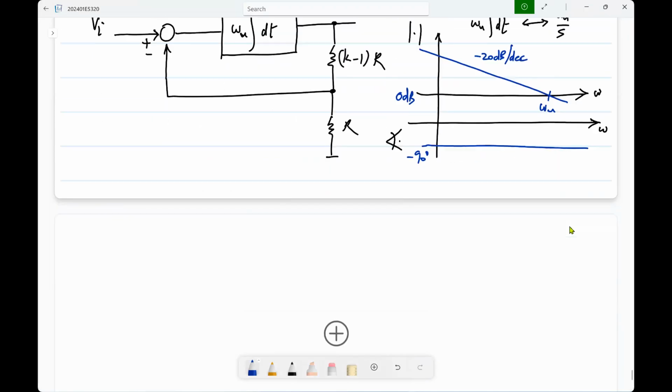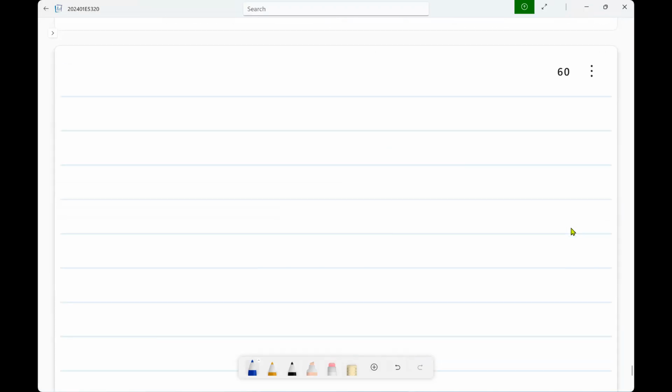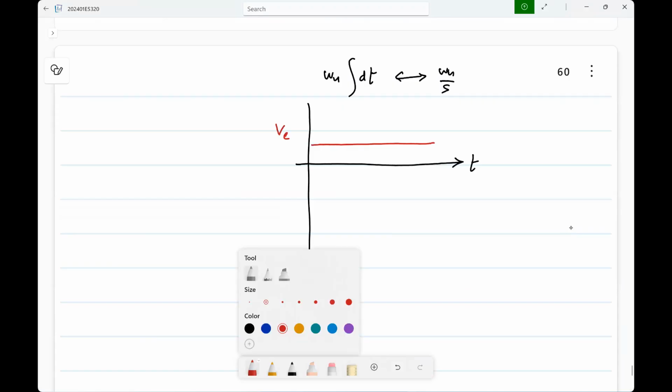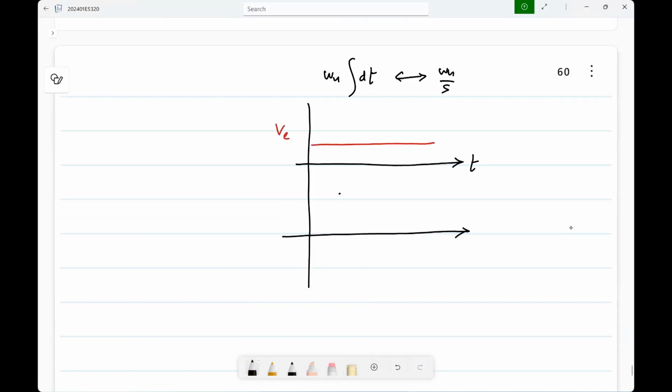So the time domain interpretation is also important. Let's say the input is a step. If the input to the integrator is a step, what will be the output? It will be a ramp.